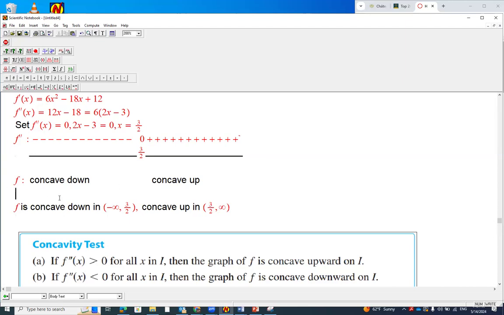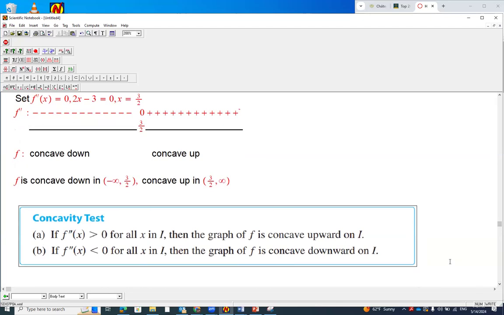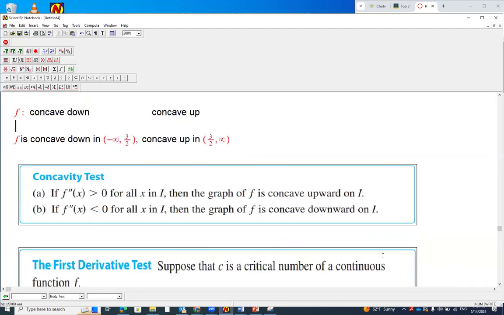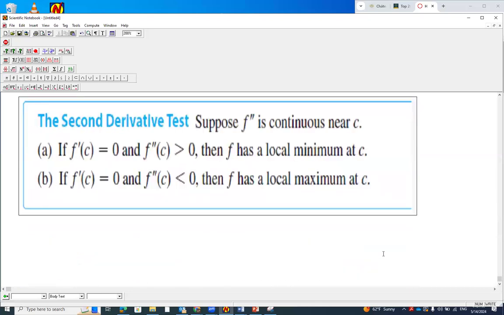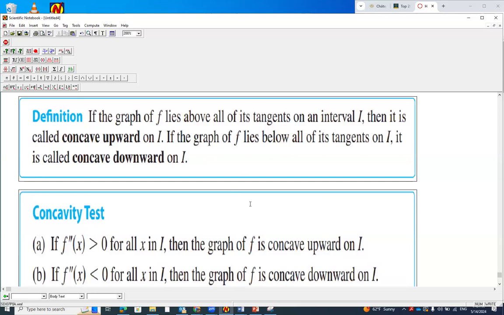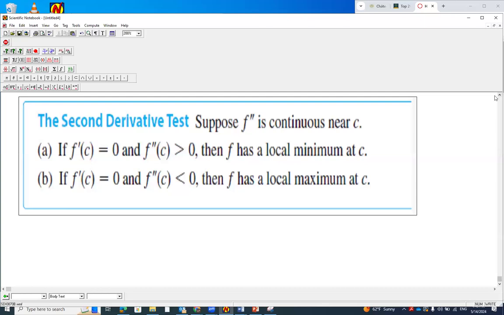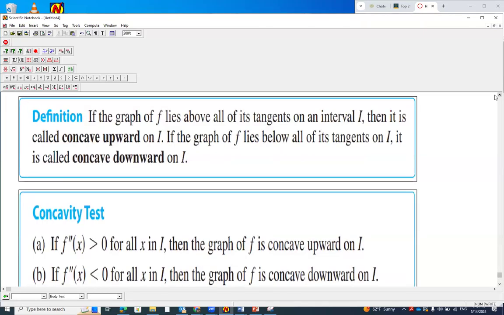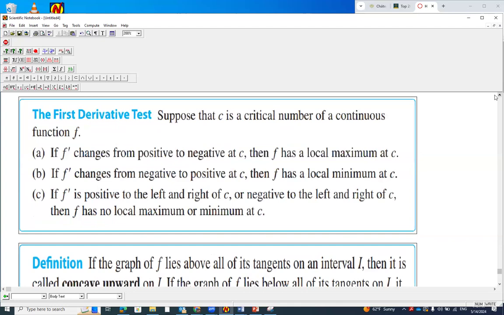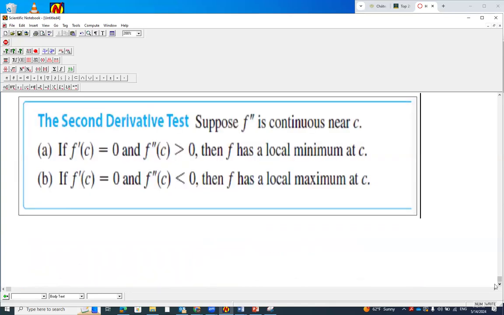How about the inflection point? Well, at 3/2 we have an inflection point. Let me bring the definition of inflection point in front of us.